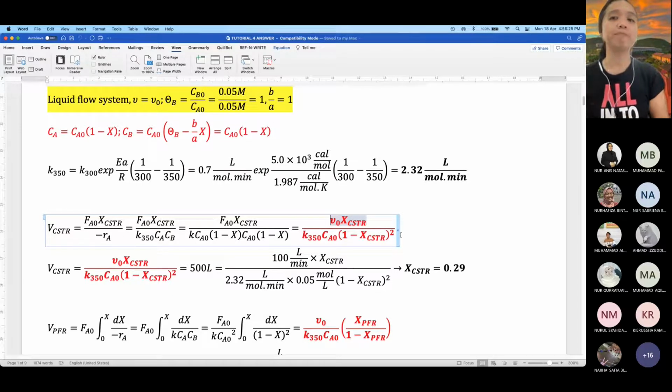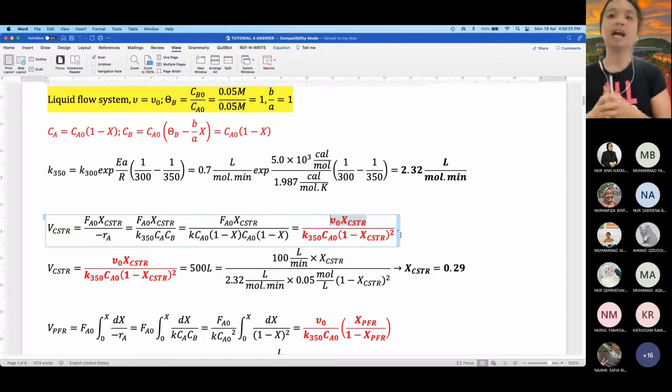Okay, if you remember, I taught you design equation ni ada few versions. Kenapa? Sebab certain version if you know FA0 and CA0, another version if you know epsilon naught. These 2 versions are to find volume, and you have one more version to find the space time. Okay, so biasanya equation ni akan ada 3 versions bergantung kepada apa yang kita nak cari, ataupun maklumat apa yang kita ada.